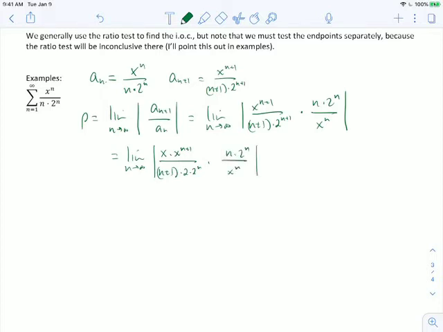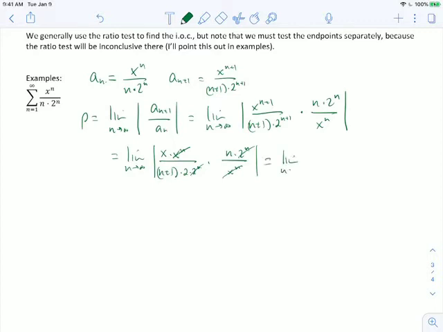And I've made a mistake, so let me try to fix that here. This is x times x to the n over n plus 1 times 2 to the n plus 1, times n times 2 to the n over x to the n. And so I can see there's a lot of cancellation here with those terms.